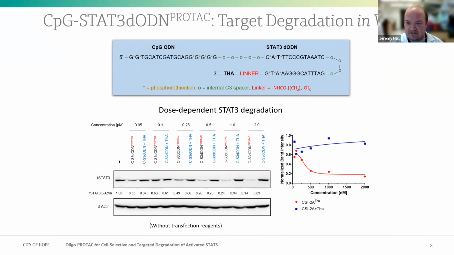And notably, it does seem to hit about 50% inhibition at a concentration of about 250 nanomolar. And also not shown on the slide here, but we did also conduct this in other cell lines as well. We did it with both mouse and human lymphoma cell lines, notably H20 and OCI-Ly18, and we continued getting some similar results.